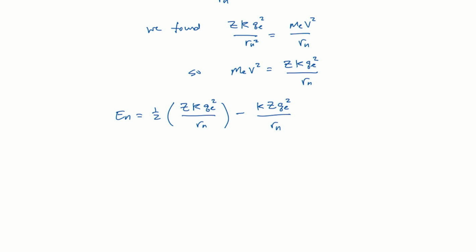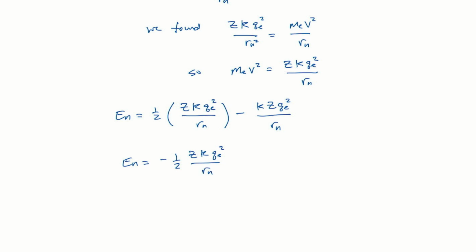So we've got a half minus a whole, that leaves us a minus half. And so E sub N is minus 1/2 Z K Q sub E squared over R sub N.